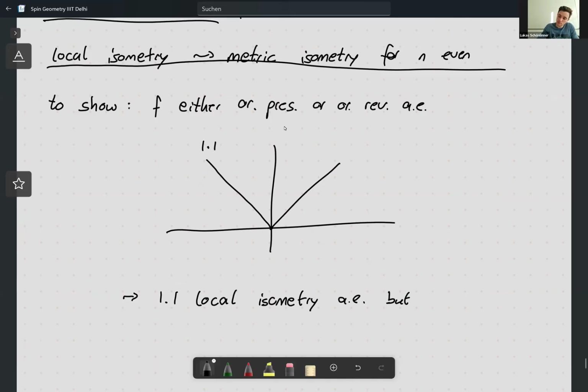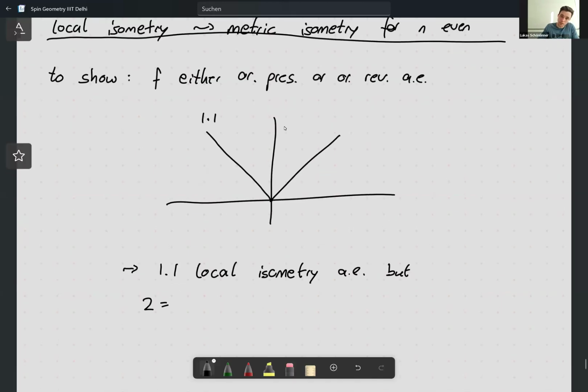But if we look at the Euclidean distances, the distance between -1 and 1 is of course 2, but in the image the distance is just 0, so this cannot be a metric isometry.